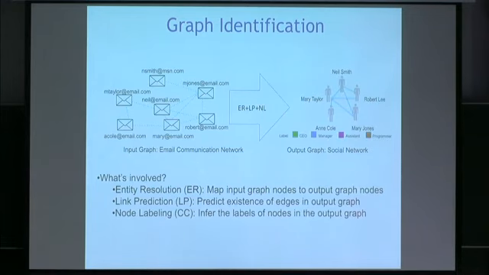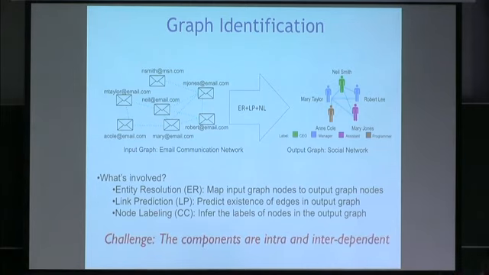And then finally, I want to label the nodes, maybe according to their role in the organization, whether or not they're a manager, the CEO, and so on. Trying to put together all of these inference tasks at once is hard, as they're very intra- and interdependent. So what is the right way to formulate this?